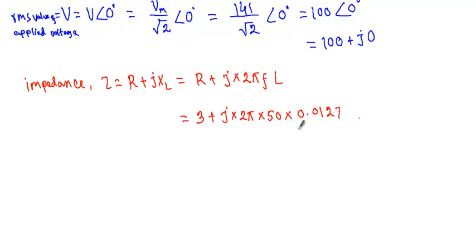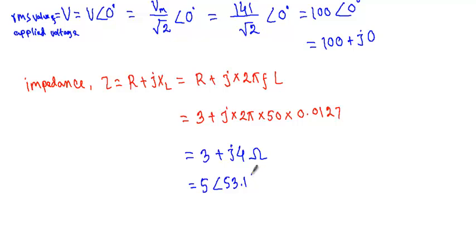Therefore I get impedance equal to 3 plus j4 ohm. In polar form, I can write it as 5 phase angle 53.1 degree.